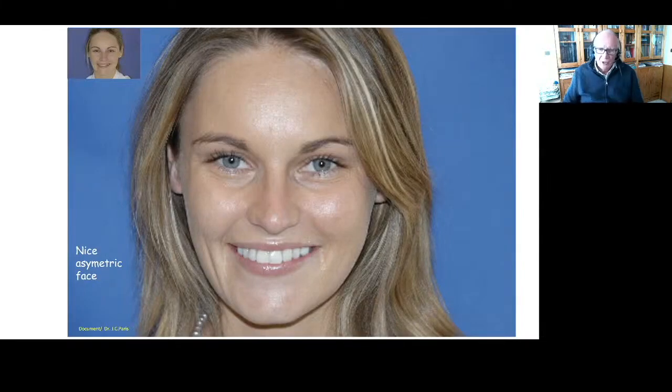It is a very pretty lady, and it is asymmetric. The midline is not in the mid-sagittal plane. But from my point of view, there are too many teeth in the mouth.